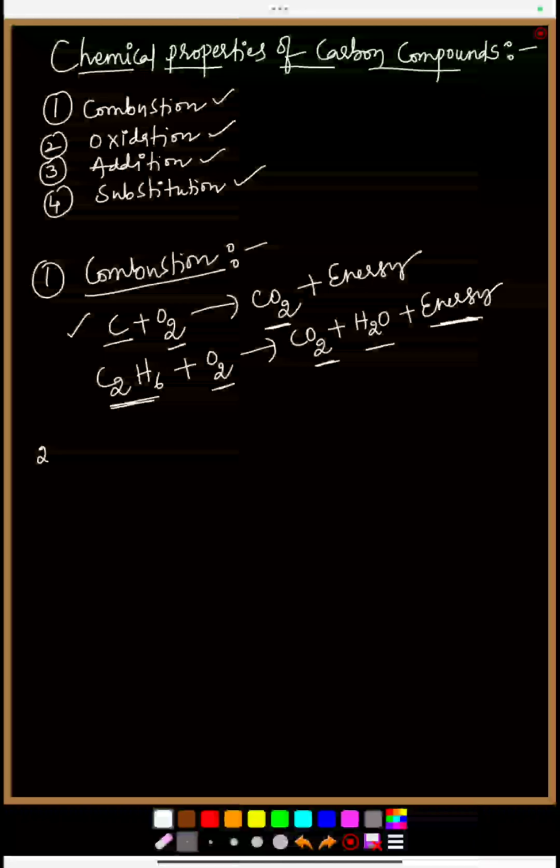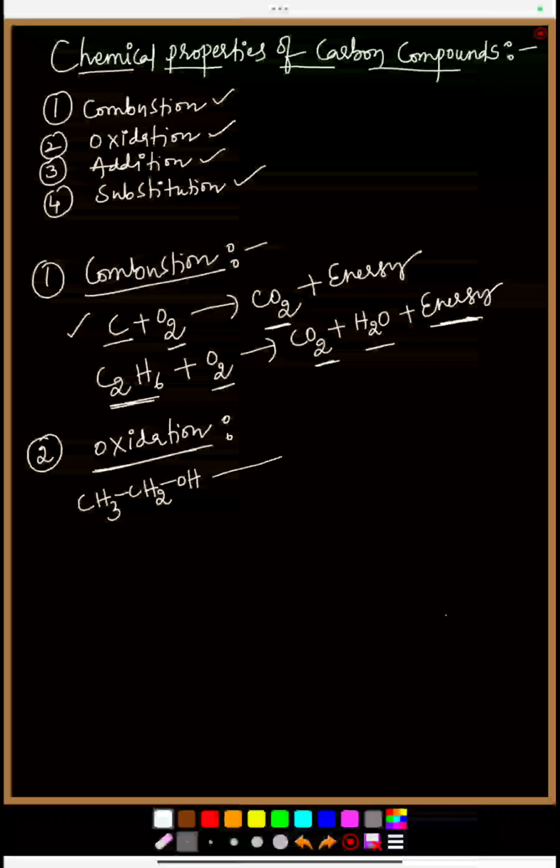And the second one is oxidation. So what is the meaning of oxidation? In the previous classes we have learnt adding of oxygen, removing of hydrogen, or removing of electrons is called oxidation. But here you can observe, if you take the carbon compound, that is CH3CH2OH, ethyl alcohol or ethanol, react with strong oxidizing agents like alkaline potassium permanganate.